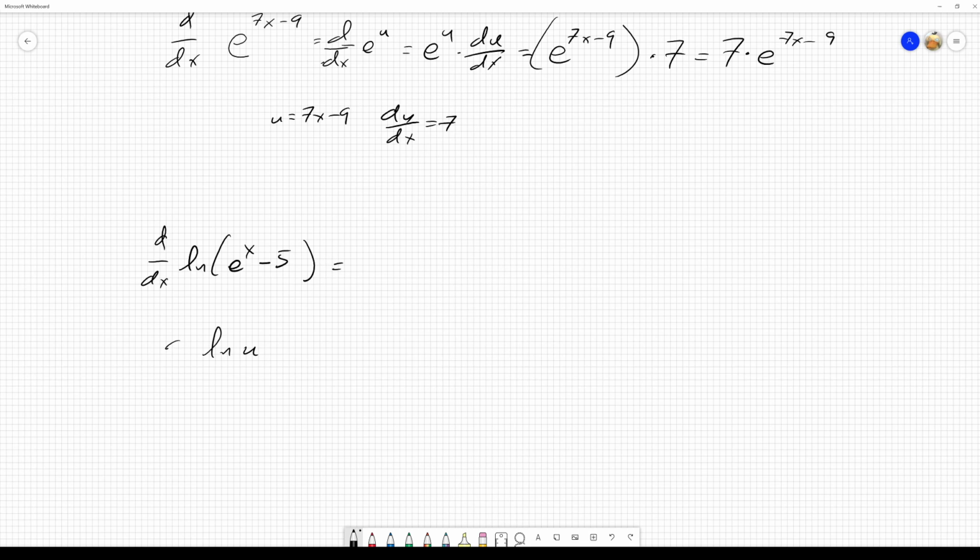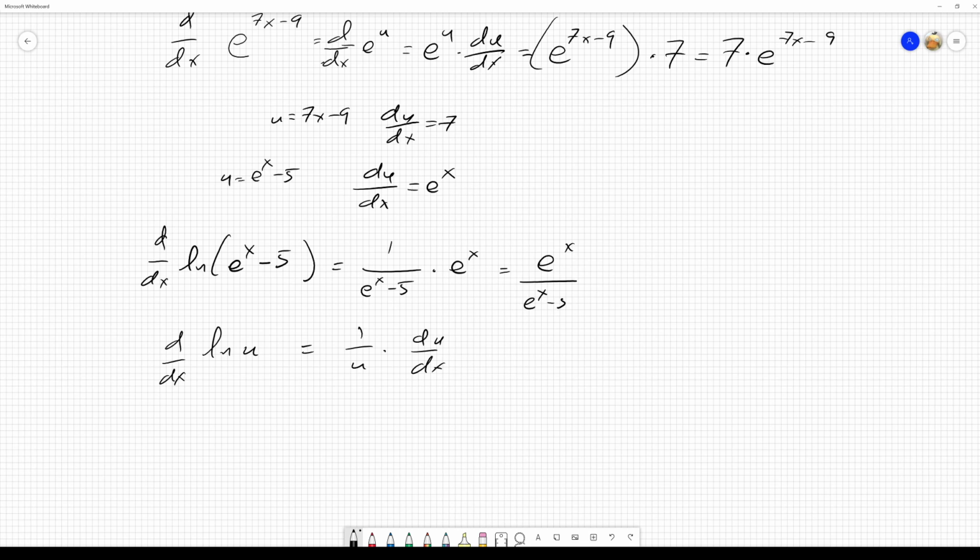So its derivative is going to be 1 over u times du dx, where u is e to the x minus 5, so the derivative of u is simply e to the x. So then this becomes 1 over e to the x minus 5 times e to the x, which I can rewrite as e to the x over e to the x minus 5.